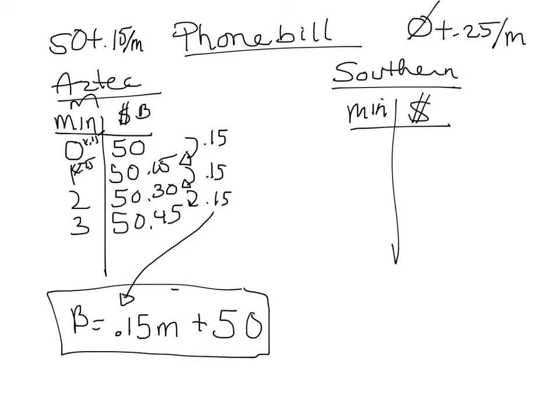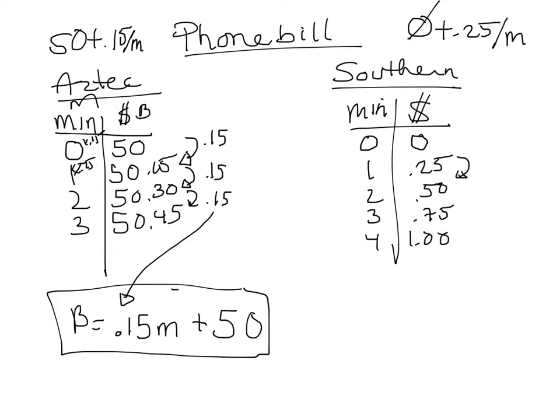for the one company. So now with Southern, if I talk 0 minutes, I get 0 bill. If I talk for 1 minute, I'm going to get 25 cents, 2 minutes, 50 cents, 3, 75, and 4, it'll cost me $1.